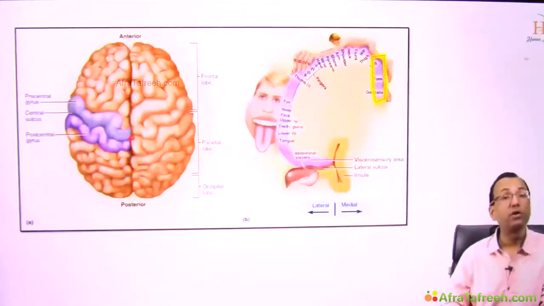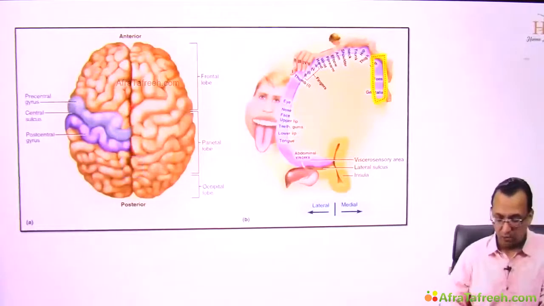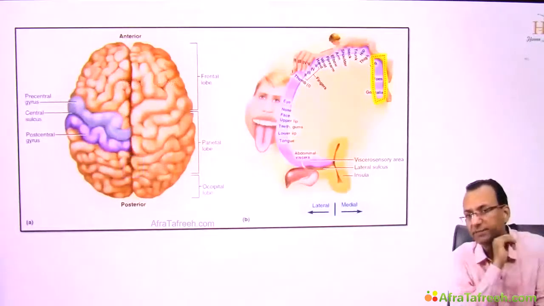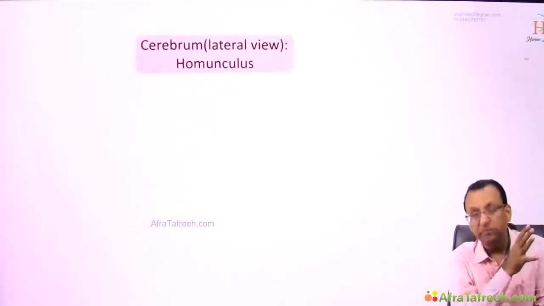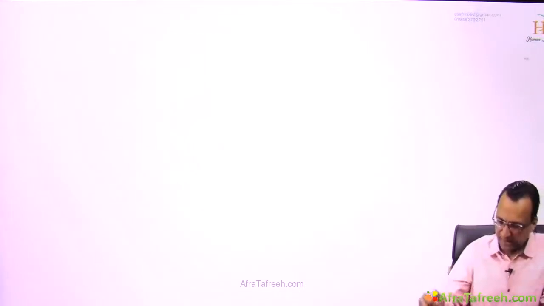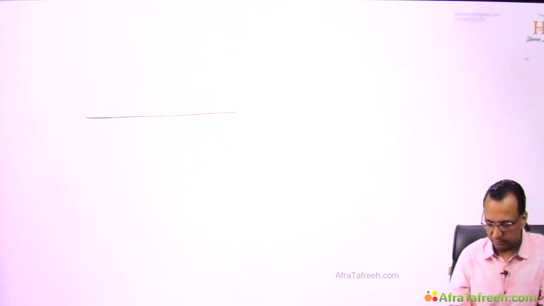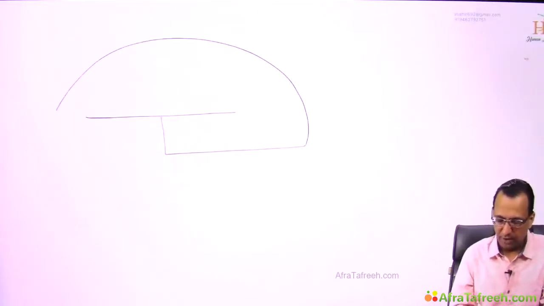No, you cannot. Because for that you have to separate the cerebrum and look at the medial view of the cerebrum. That is where you see it. Okay, fine. Now let me draw the lateral view of the cerebrum showing the homunculus, and then we will see the medial also. The diagram comes now. As the diagram is coming, you will draw the cerebrum. This is the cerebrum, and you are looking from the lateral view.